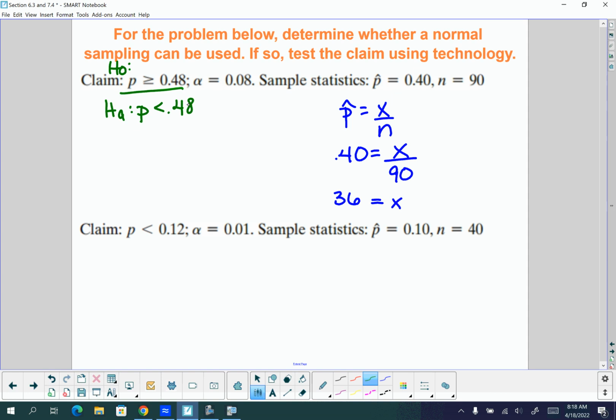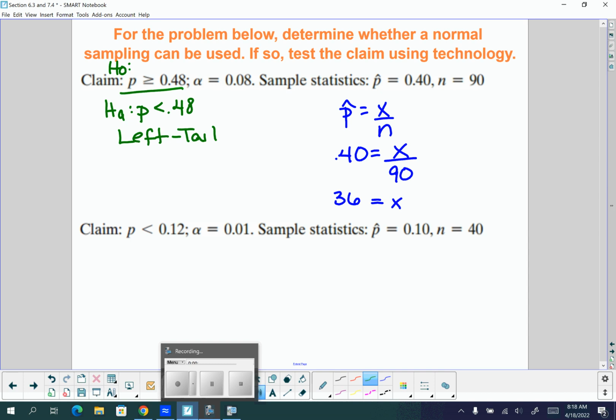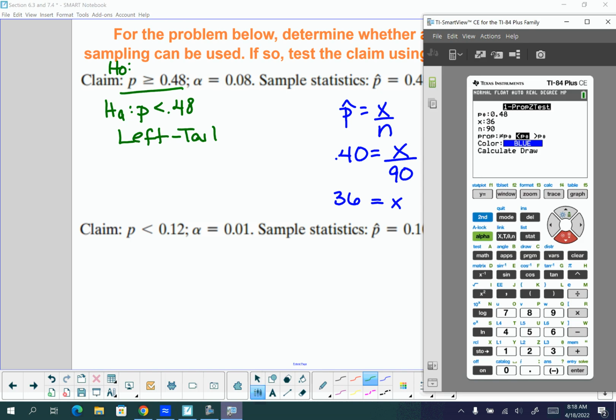So is it left tail, right tail, or two tail? That's what we need to tell the calculator. This is left tail. Okay, so we're going to select left tail, which is our less than 1, and that's actually already selected for me. And then you can make it whatever color you want. And then we're going to hit calculate.